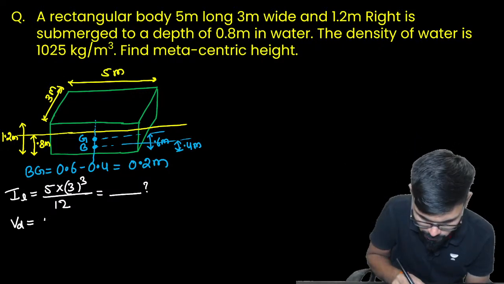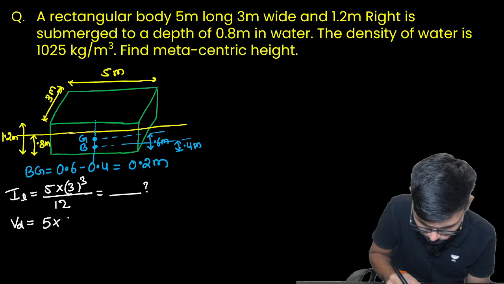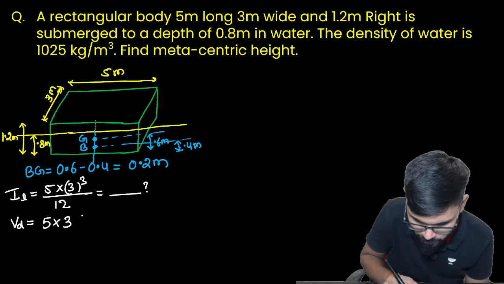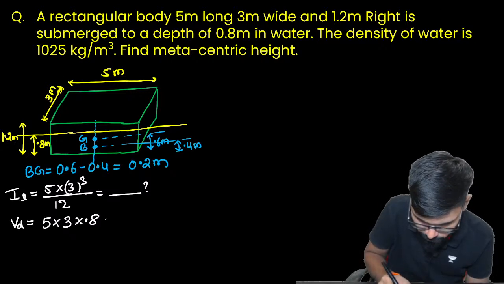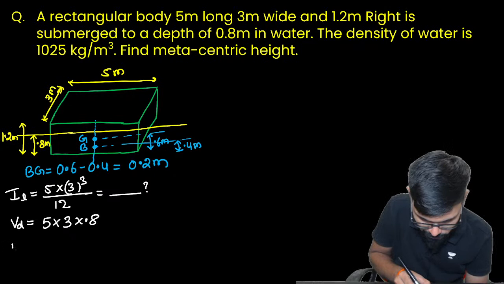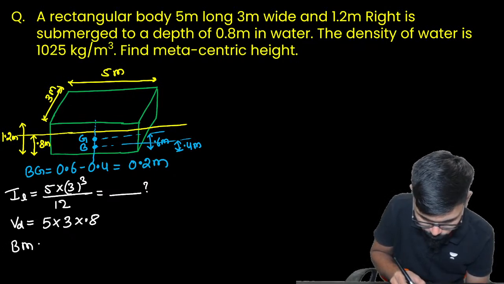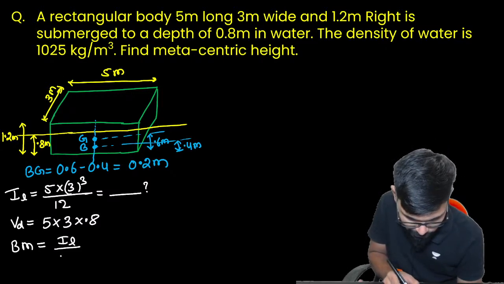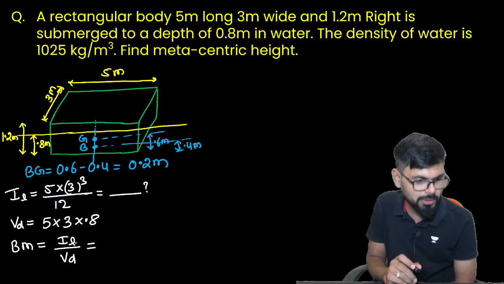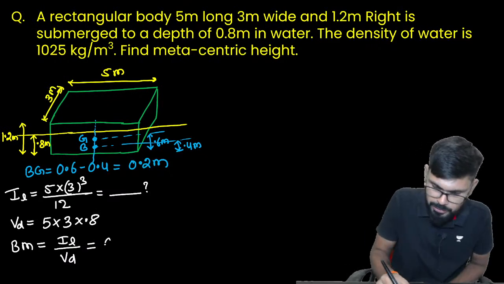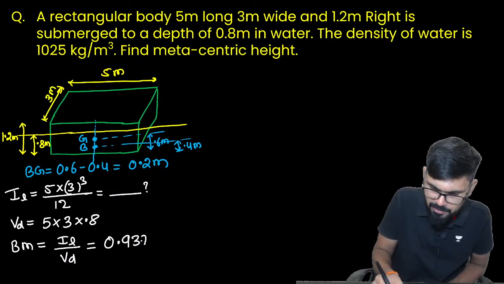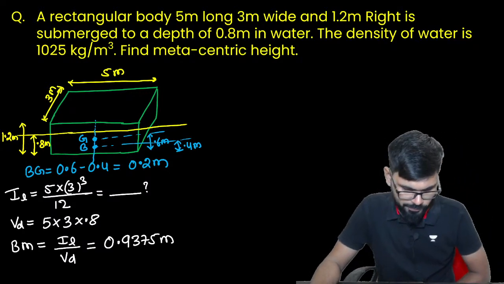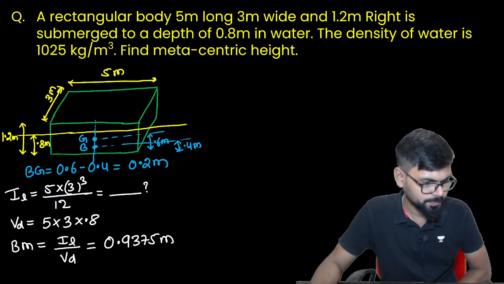So I can say BM is equal to IL by VD. You just calculate this value. I think you will get 0.9375 meter, if I am not wrong.